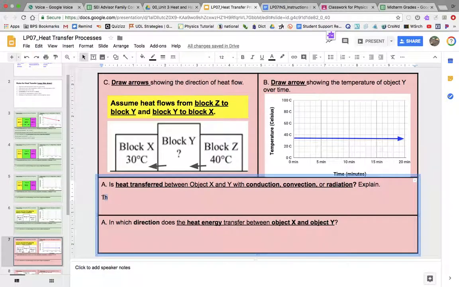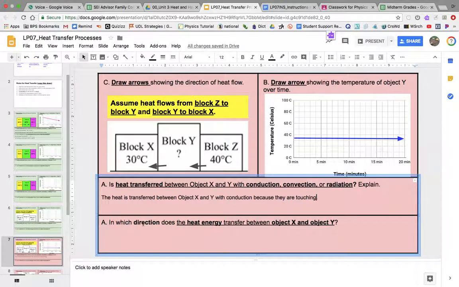The heat is transferred between object X and Y with conduction because they are touching.